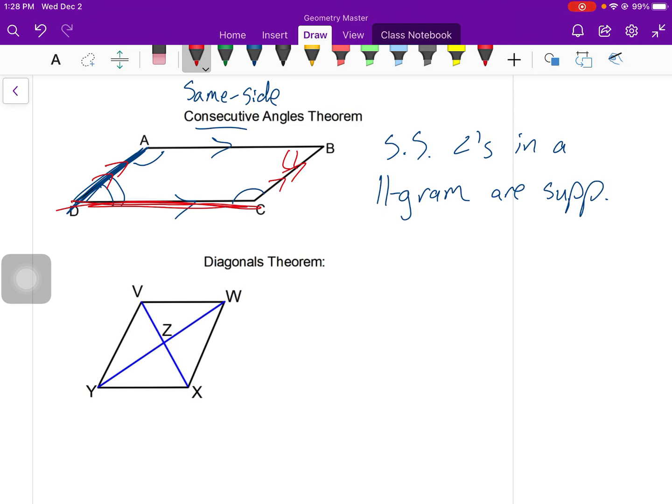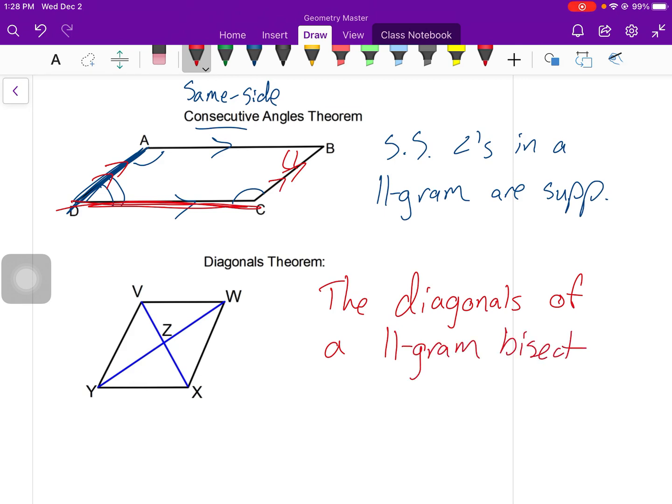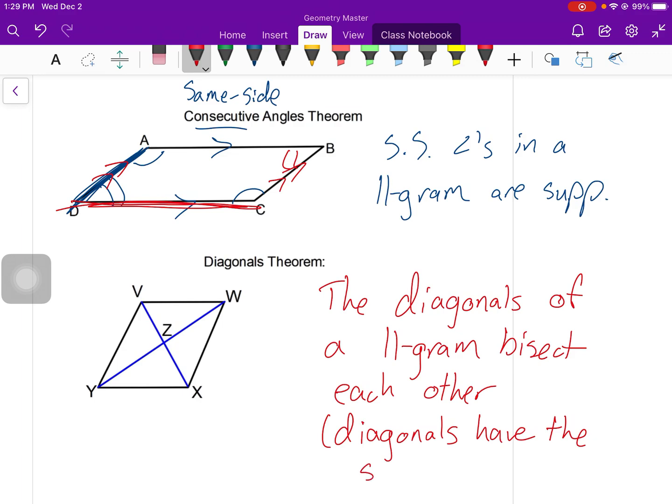The diagonals theorem says the diagonals of a parallelogram bisect each other. What that really means is the diagonals have the same midpoint. So that's what that means, but we have to be careful about reading that and understanding what it's saying.